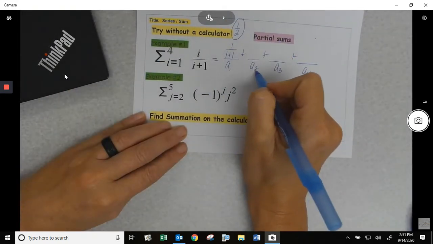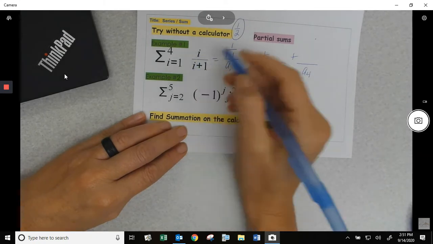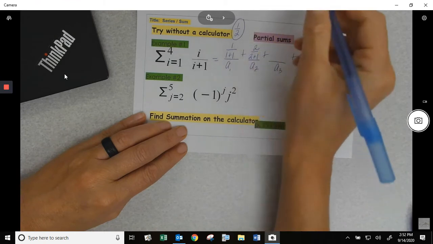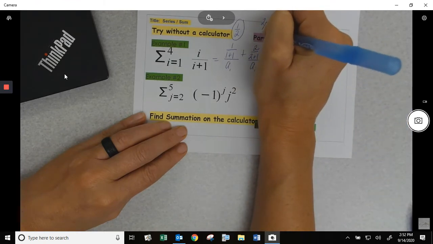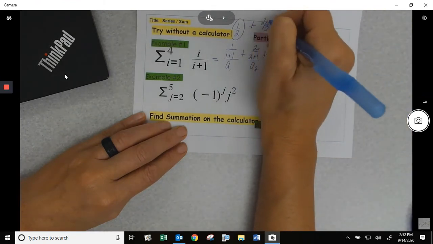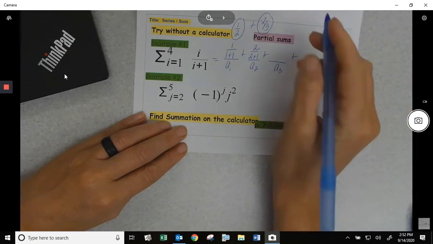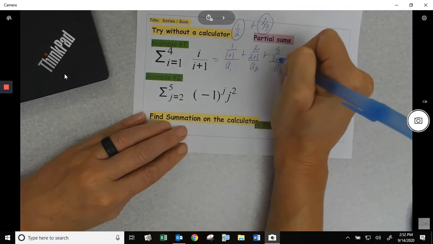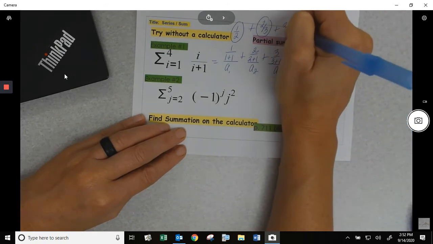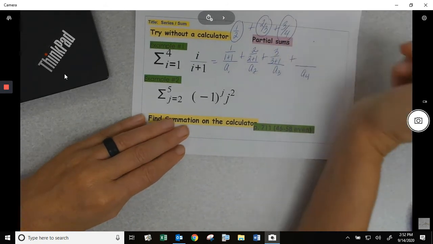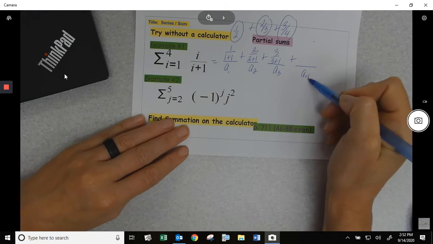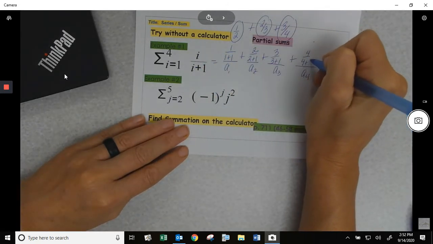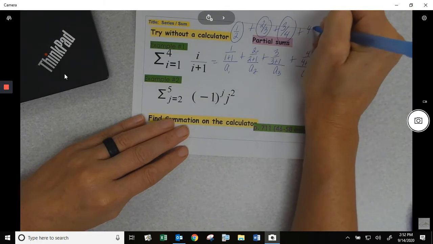I'm going to plug in a 2, so that's a 2 for both of those i's. So that's 2 over 2 plus 1, so that's 2/3 as my second term there. Now plug in a 3 for the i's. 3 over 3 plus 1, that's 3/4. That's my third term. Fourth, so I'm going to plug a 4 in for both of the i's. 4 over 4 plus 1, so that's 4/5.